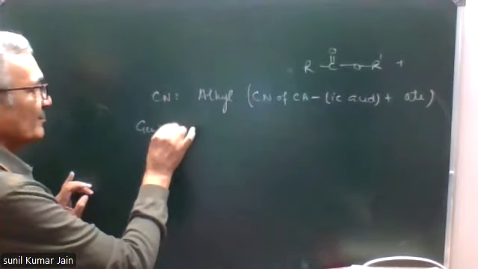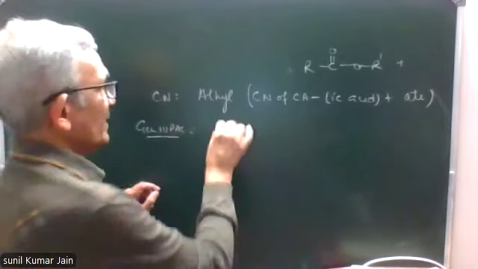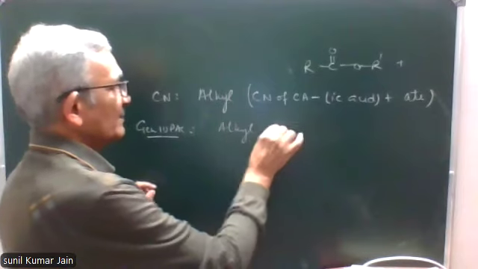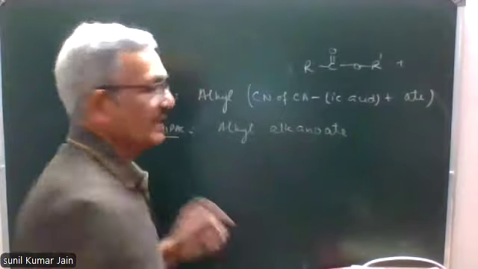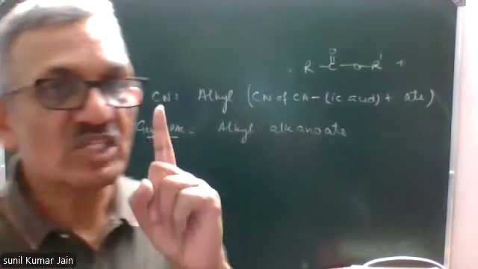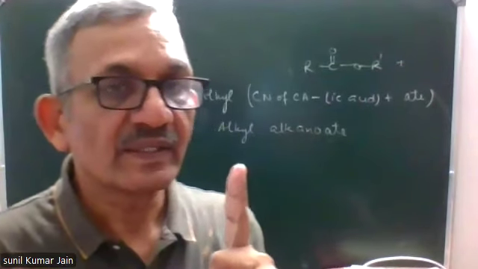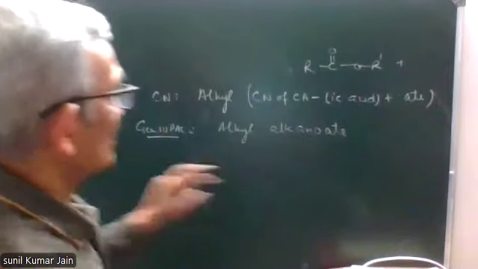General IUPAC name: again, two words. The first word is alkyl, the second word is alkanoate. The first word alkyl is for that alkyl which is attached to oxygen.